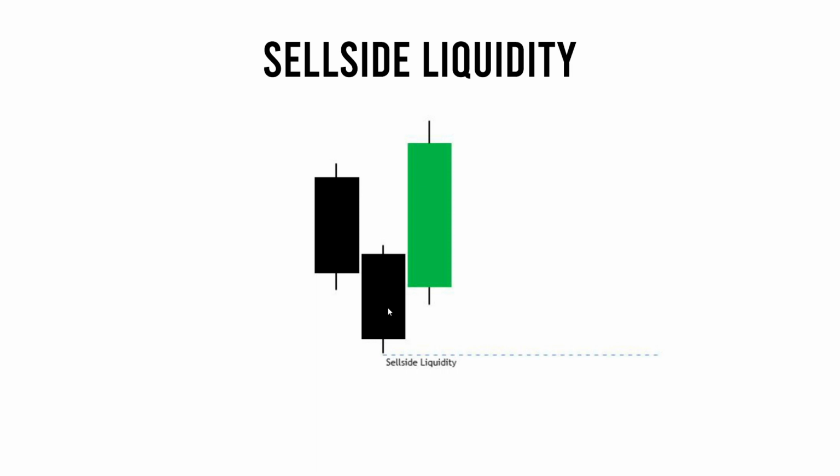Where are they placed? If a person went long right here, where are they most likely going to place their stop? Where are they taught to place their stop? Below the low, right? So that is why we would consider this sell side liquidity, because all the people that went long right here placed their stop below this low, engineering liquidity for us SMC traders, right?